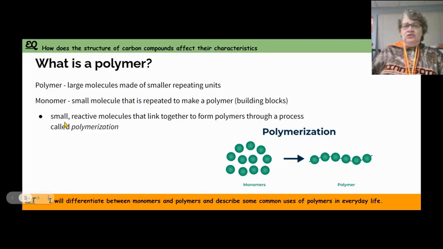They're small, very reactive molecules that link together to form polymers through a process called polymerization. Polymerization is what takes glue and turns it into slime. Okay.